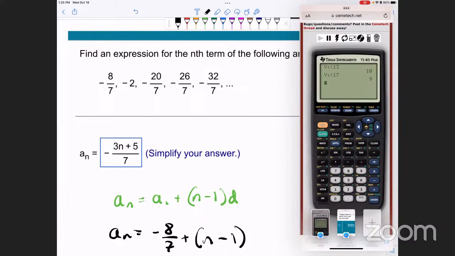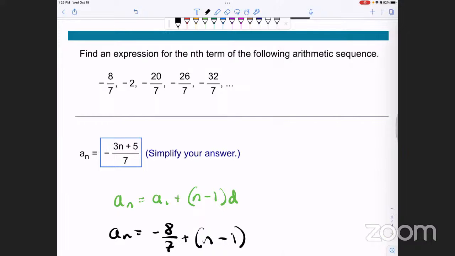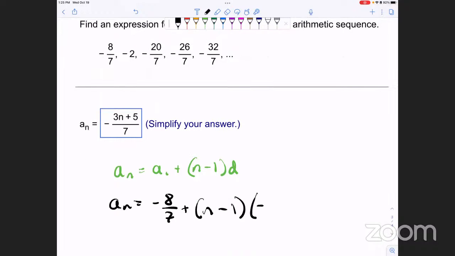Okay, cool. So then if we say -2 minus parentheses -8/7, and I'm going to use math as a fraction, it looks like the common difference is -6/7, right? So it looks like we're adding -6/7 at each step, right? And we can confirm.